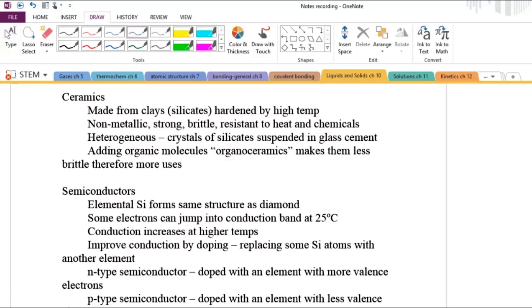We can make an N-type semiconductor with more valence electrons. Think N for negative because of the more electrons. And a P-type semiconductor where we have an element with less valence electrons. So think P for positive, for less valence electrons.